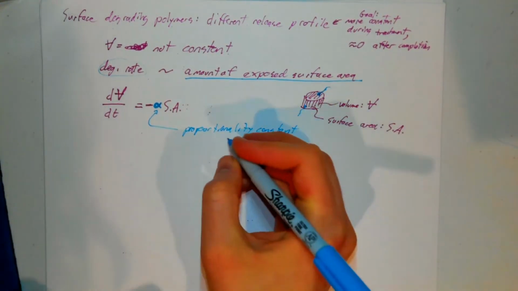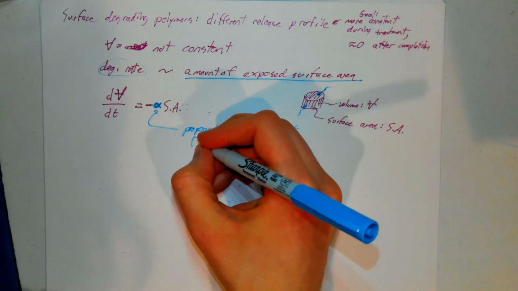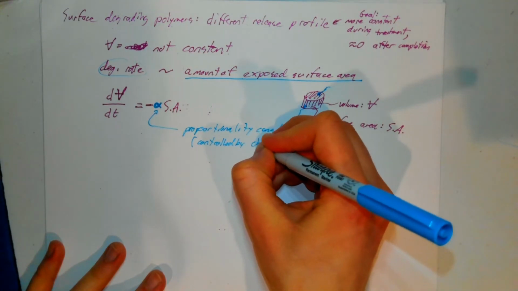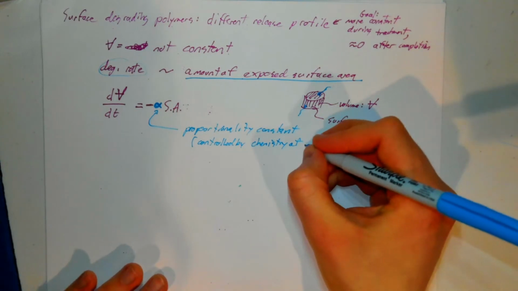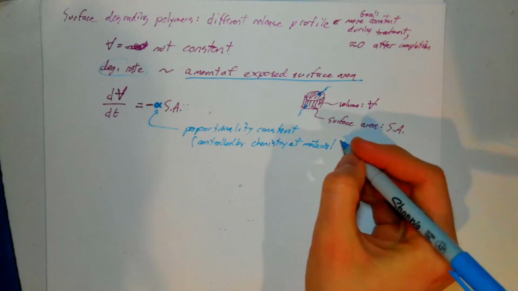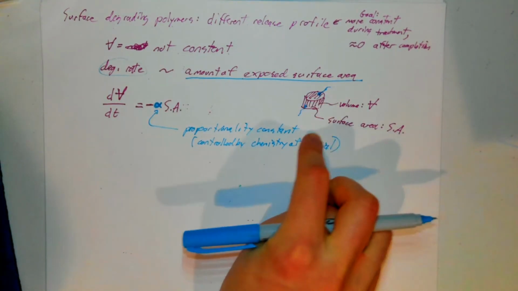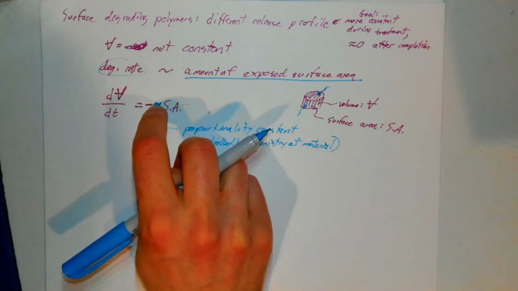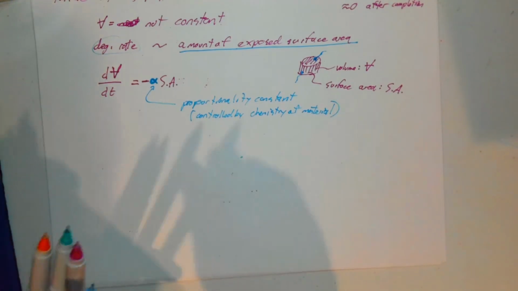This proportionality constant is basically controlled by the chemistry of the material. So this material could have some K effective. That K effective is not exactly equal to, but is related to and proportional to this factor right here.